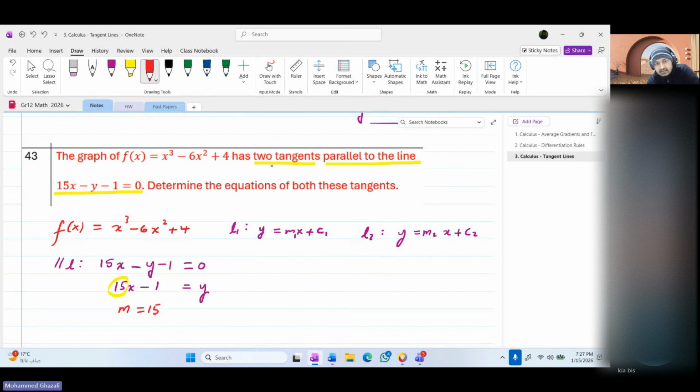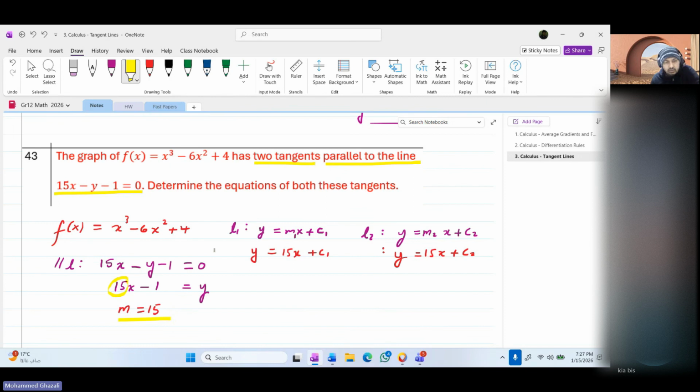Now, because these two tangents are parallel to this line, m1 and m2 will be the same thing. So we can say y is equal to 15x plus c1, and y is equal to 15x plus c2. So lines L1 and L2 are sorted. We already know the gradients because they are parallel to the third line.